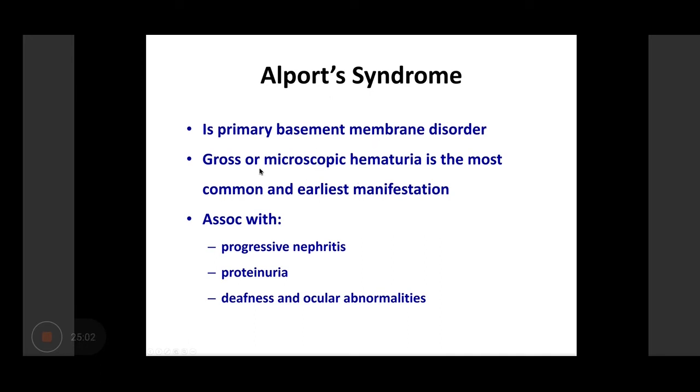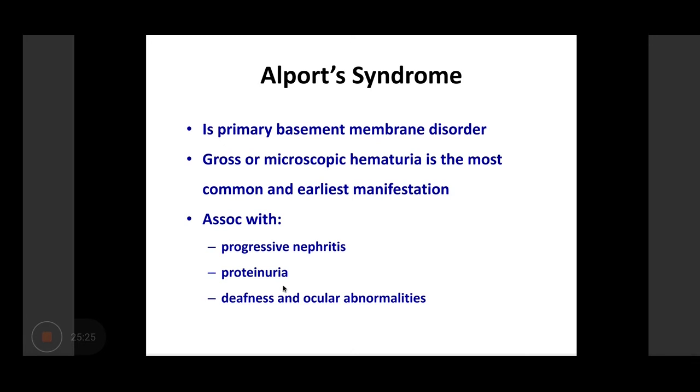The clinical symptoms are very mild. Patients present with frequent episodes of gross or microscopic hematuria. Nothing else. The serum creatinine levels will be normal, but gradually as time passes, the serum creatinine starts to inch upwards, and the patients start developing progressive nephritis.